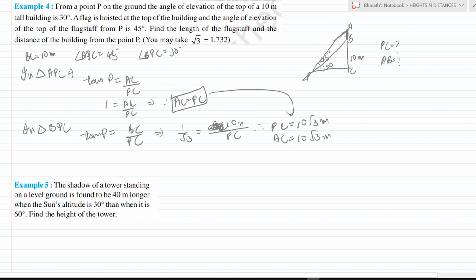Now, PC and AB, right? To find AB, it is equal to AC minus BC, right? So what's AC? AC is 10 root 3 and BC is 10. Therefore, 10 root 3 minus 10.